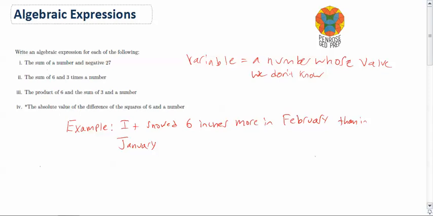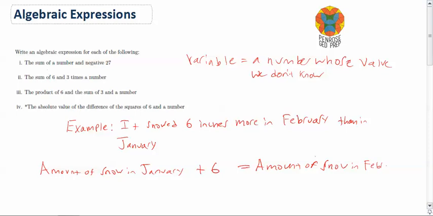One of them is like this. The amount of snow in January plus 6 is equal to the amount of snow in February.